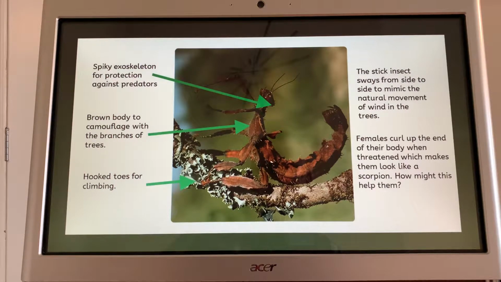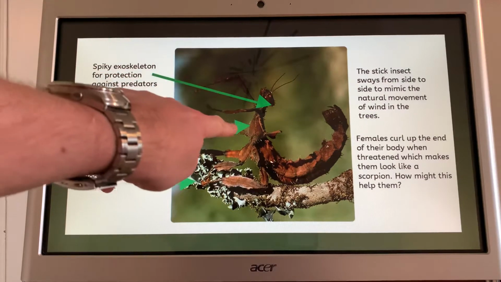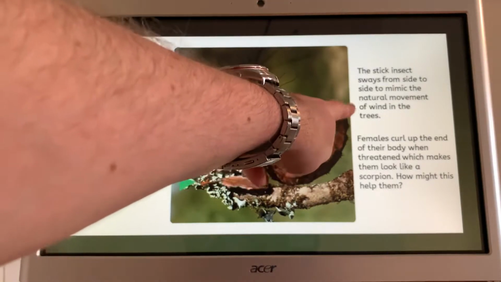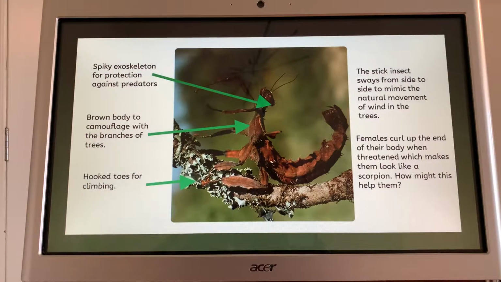The stick insect sways from side to side to mimic the natural movement of wind in the leaves. Females curl up the end of their body when threatened, which makes them look like a scorpion. So this section of the body curls up, as it says. How might that help them?